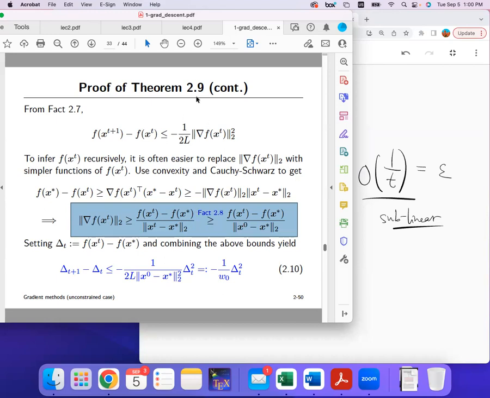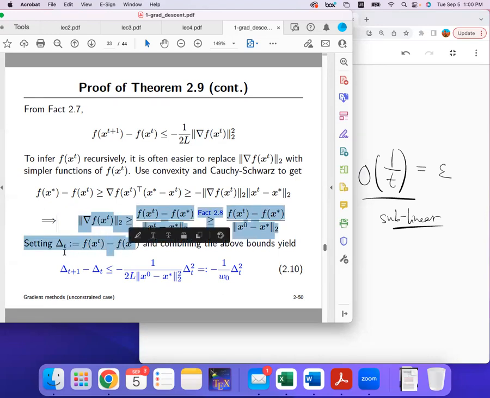So it is consistent. Plug this one into this one, and then introduce this notation to simplify. Delta t is f of xt minus f of x star. Okay, define this notation.